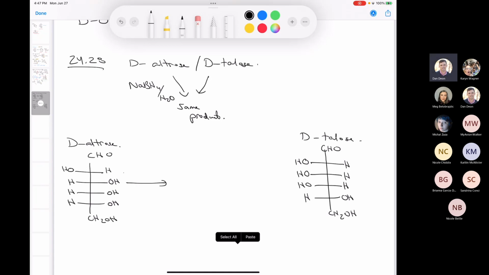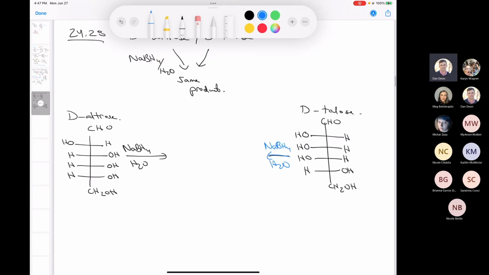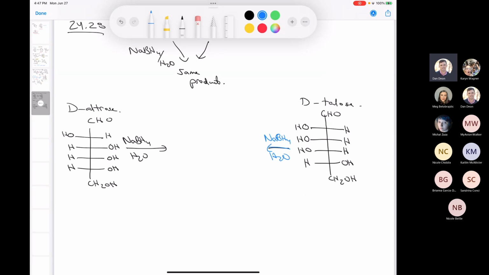And whether I take this one and treat it with sodium borohydride in water, or this one and treat it with sodium borohydride in water, I end up reducing the aldehyde to an alcohol.